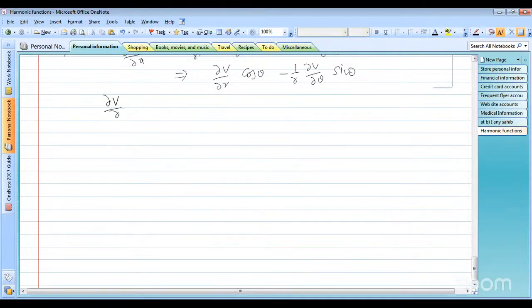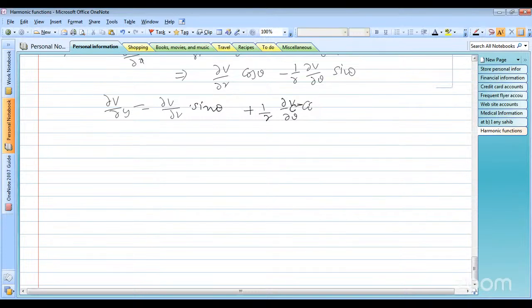Dou v by dou y is equal to dou v by dou r sin theta plus 1 by r dou v by dou theta cos theta.